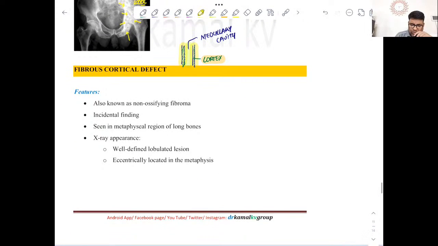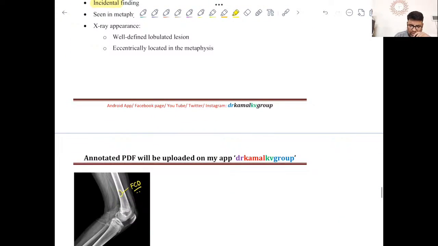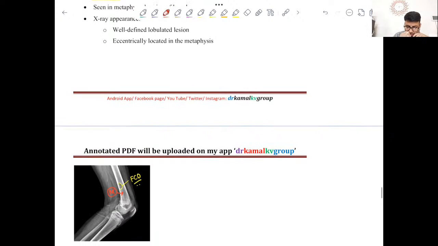It is also known as non-ossifying fibroma, and it is an accidental finding. You did an X-ray for something else and then you noticed, oh, there is a fibrous cortical defect as well, and it is again involving the metaphyseal area, and we can see a well-defined lobulated lesion which is eccentrically in metaphysis.